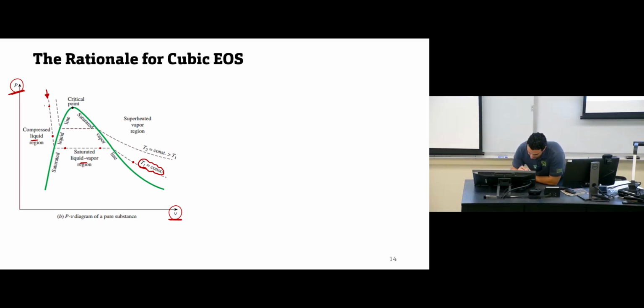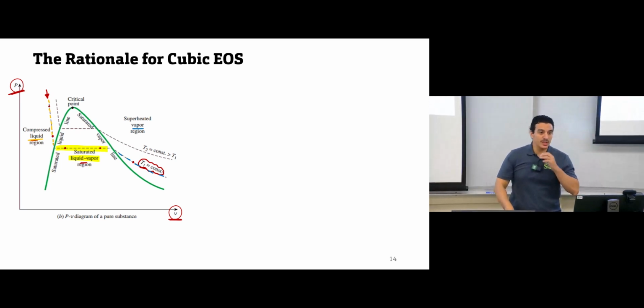So we can have this line represent the liquid, and then we have this line represent the vapor, and then we have this line represent the mixture of liquid and vapor.